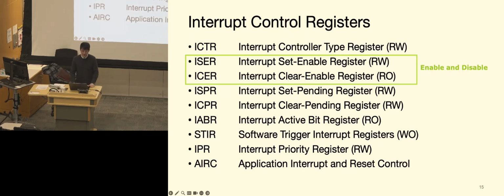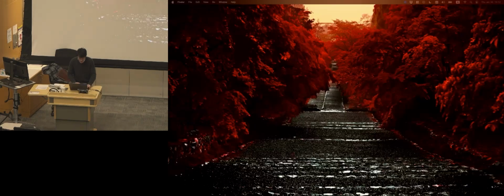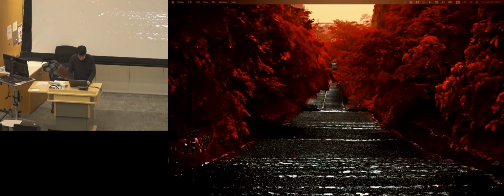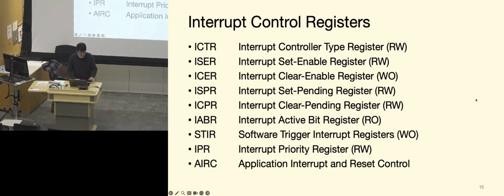One of them, the set enable register, is read and write, and then the clear enable register is generally considered write only. My bad, I think there's probably a small typo on the slide, so bear with us. It's actually write only, generally considered as write only.